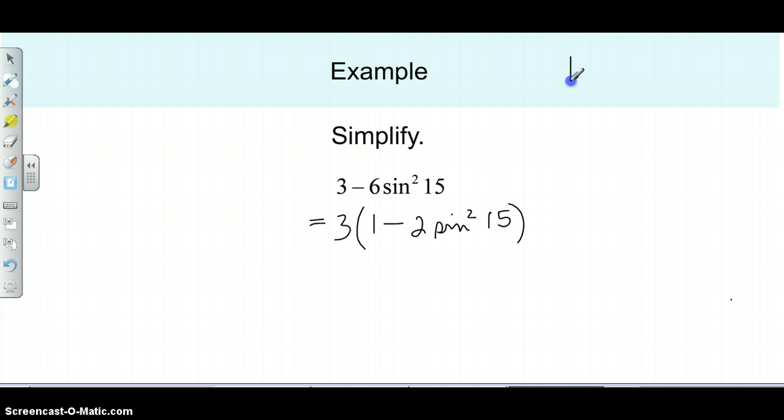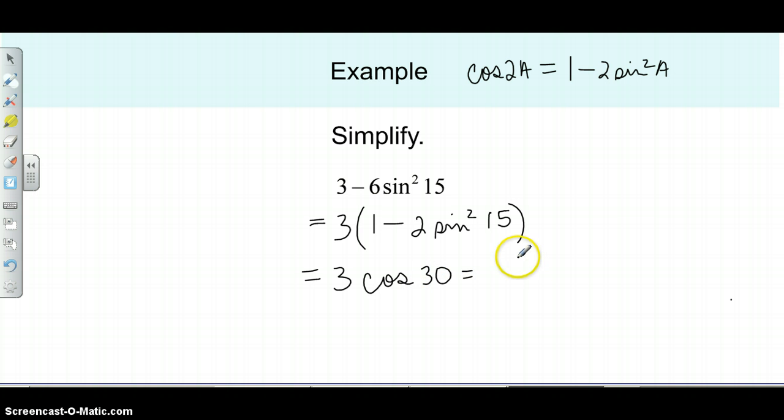Let's see. That one looks like this. 1 minus. Doesn't this one look like cosine of 2a? It's one of the double angle identities for cosine. So looking at this, I can see that this must be the double angle for cosine, and I can substitute in and get 3 times cosine of 30.